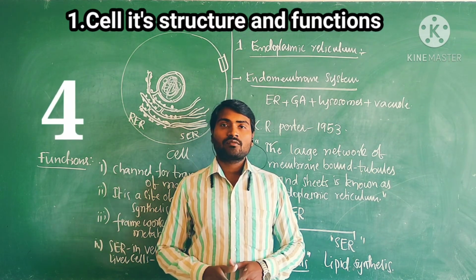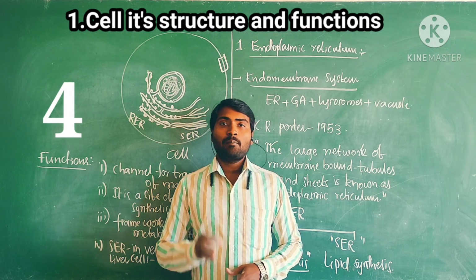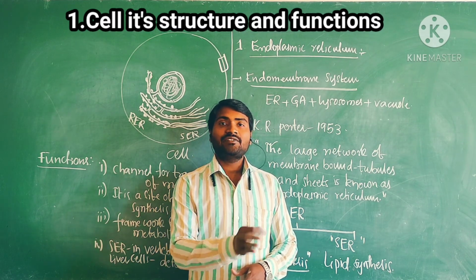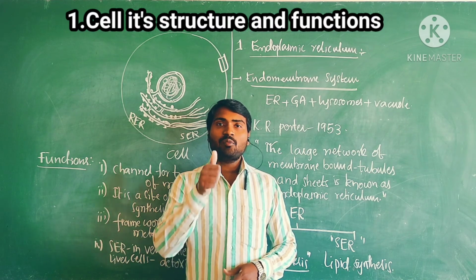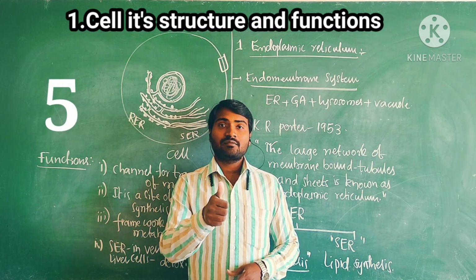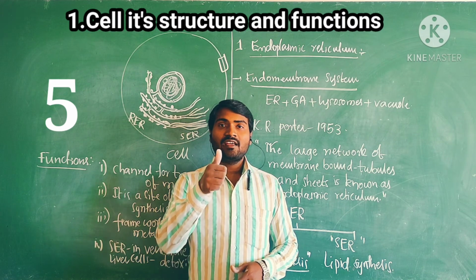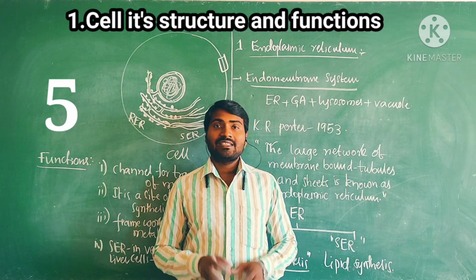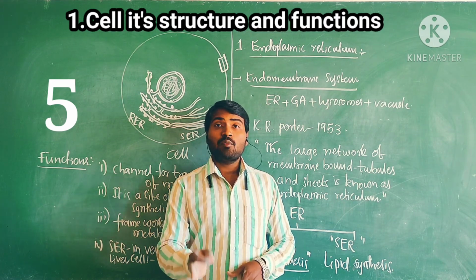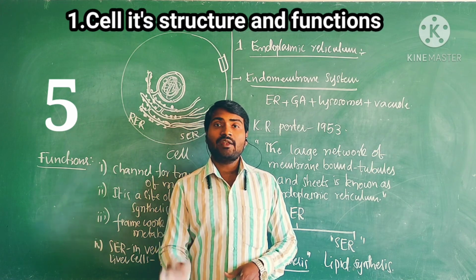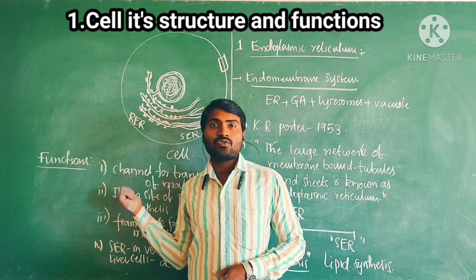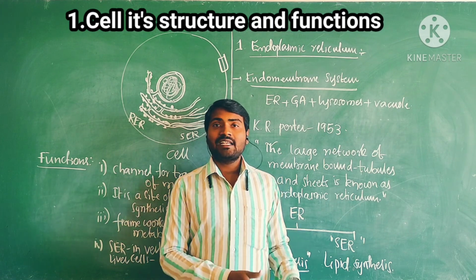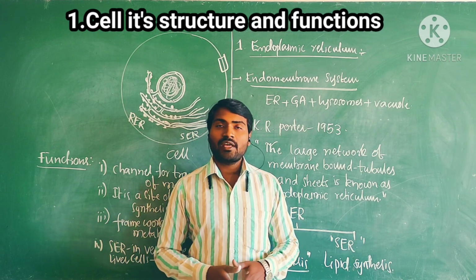Point number 4: smooth endoplasmic reticulum plays a key role in detoxification, especially in vertebrate liver cells. Point number 5, last but not the least: the cell organelle present in both prokaryotic and eukaryotic cells is the ribosome. Ribosomes are present in eukaryotic cells as well as prokaryotic cells.